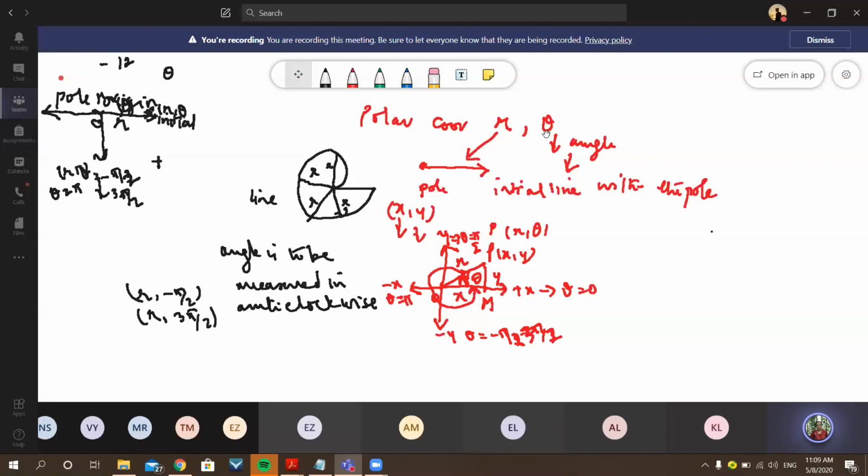This is the pole, because basically your polar coordinate starts with the pole and the initial line. Then I'll put the protractor there, I'll make the angle 45 degrees, this is 3, and this point I get here, I will name it P(3, pi by 4). Right? Make sense?